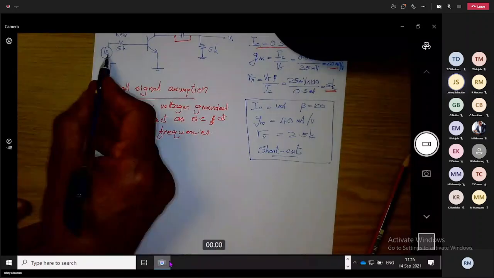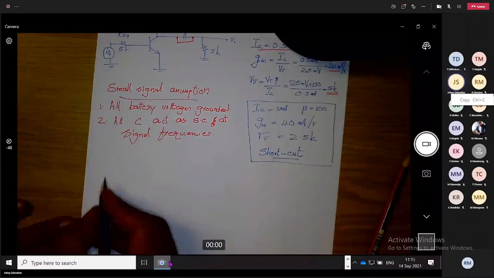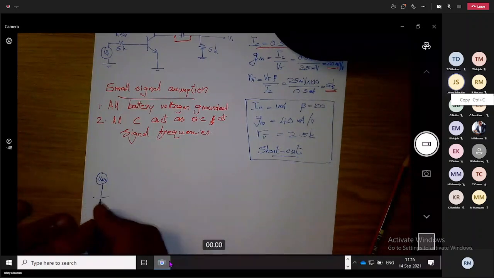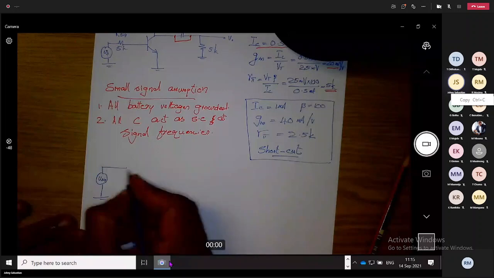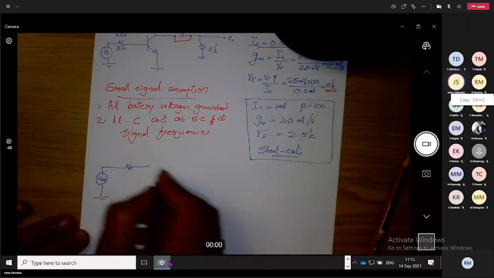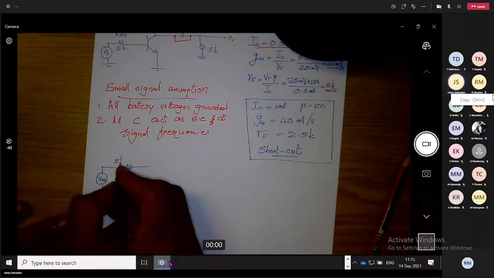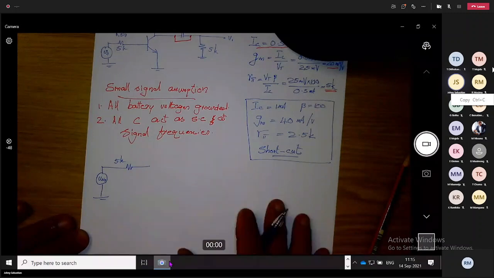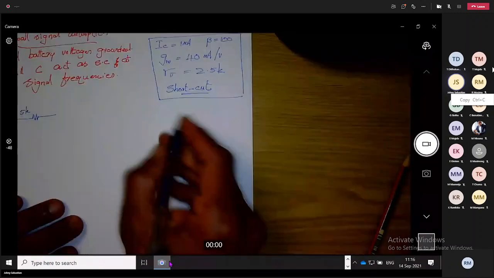We start with V signal. That is your R signal, that is 5K. Oh, by the way, we did not work out small signal values. Oh, we did it.